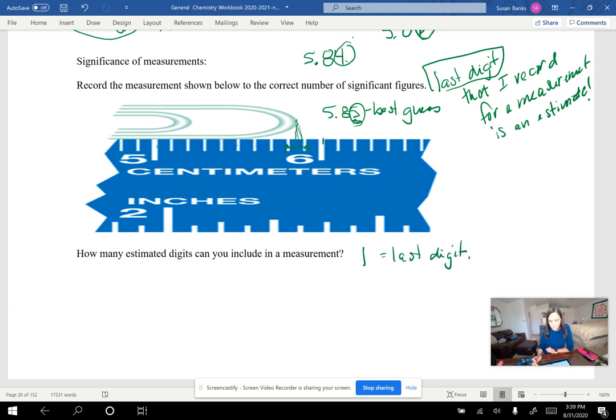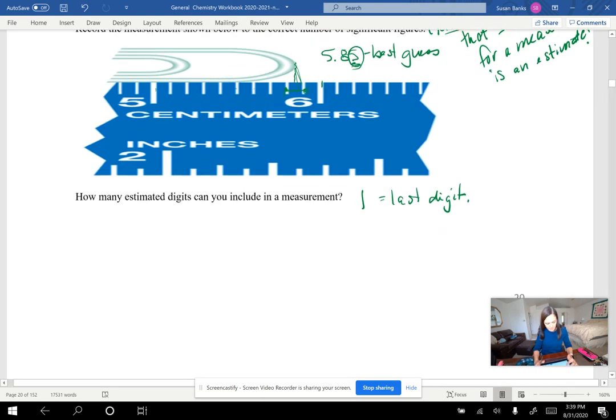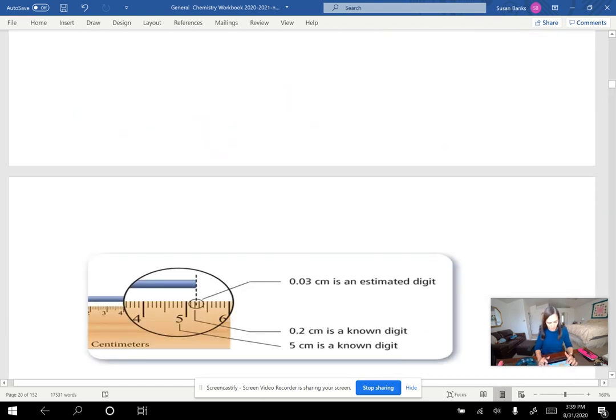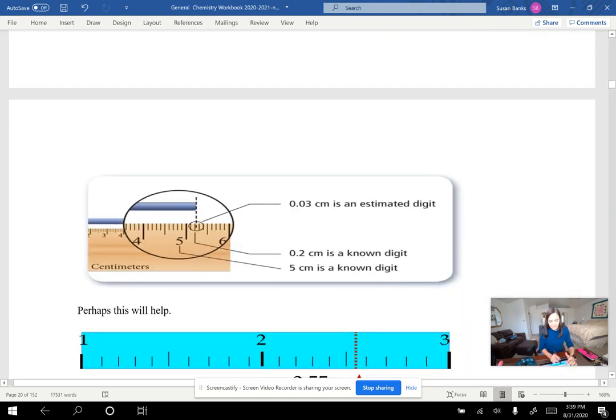Okay, so let's do some more practice here. When we look at this diagram, for example, I know for sure I've got 5 centimeters, right? I don't quite have 6. And I know for sure I have 1, 2 millimeters. That I know.